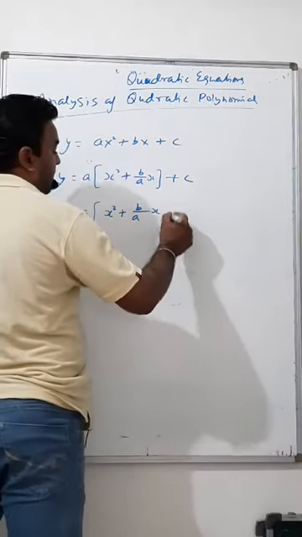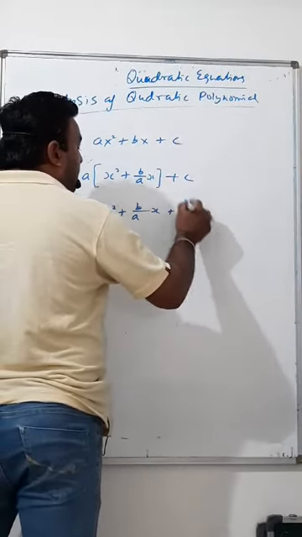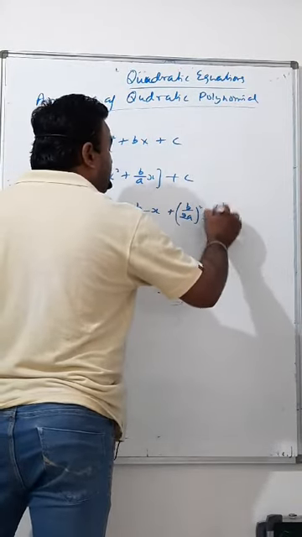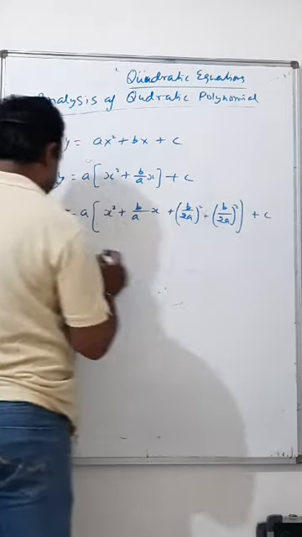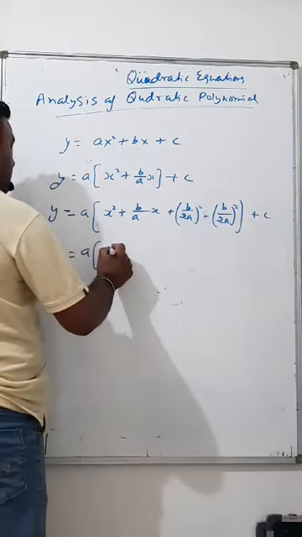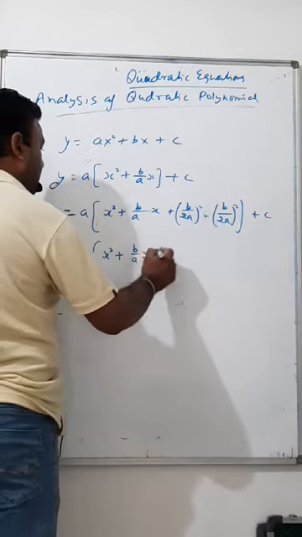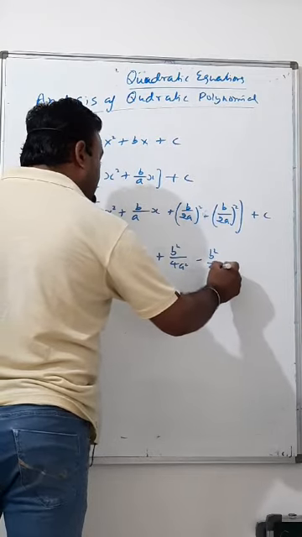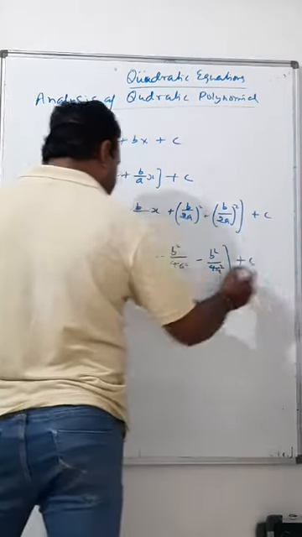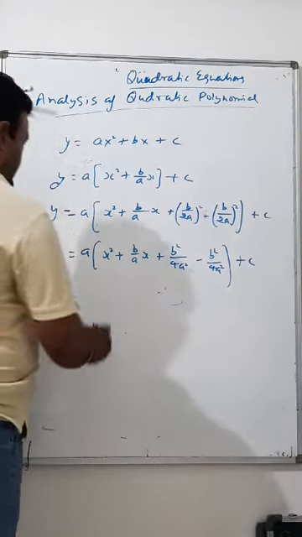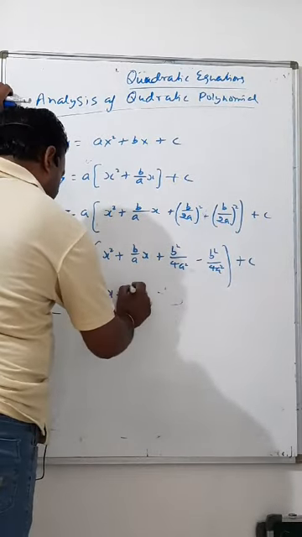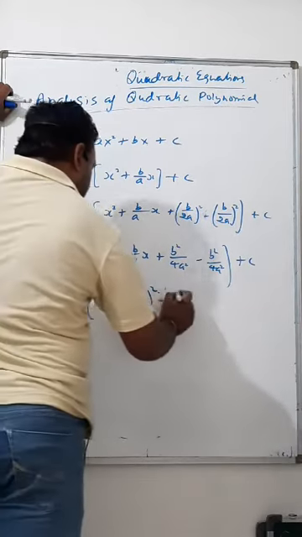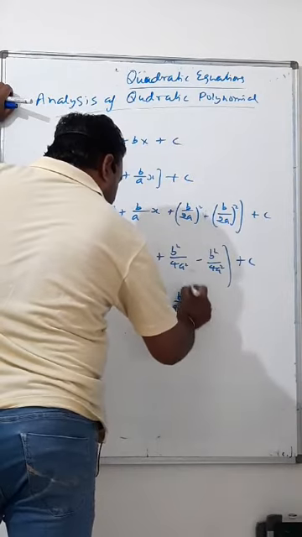I simply do what? b by 2a whole square added and b by 2a whole square subtracted plus c. a x square plus b by a x plus b square by 4a square minus b square by 4a square plus c. Now it is a times x plus b by 2a whole square minus b square by 4a square.